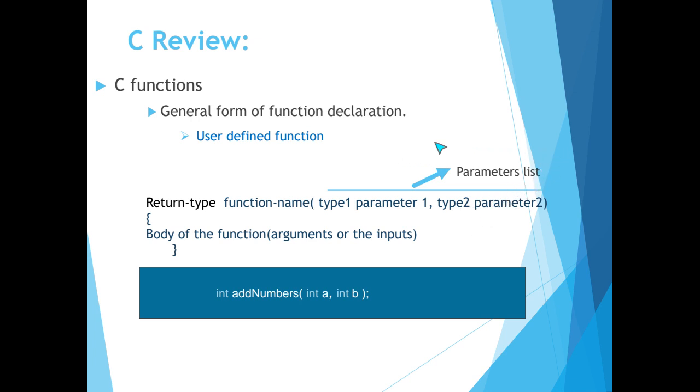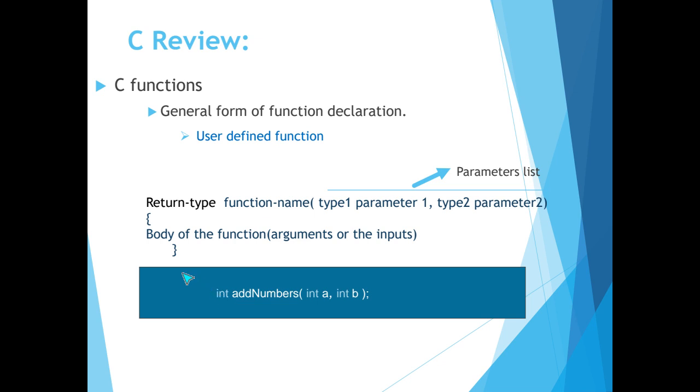The parameter list is written inside the parentheses after the function name. But before the function name, we should add the return type to our user-defined function, and then the curly braces and the body of the function. Here there is an example.